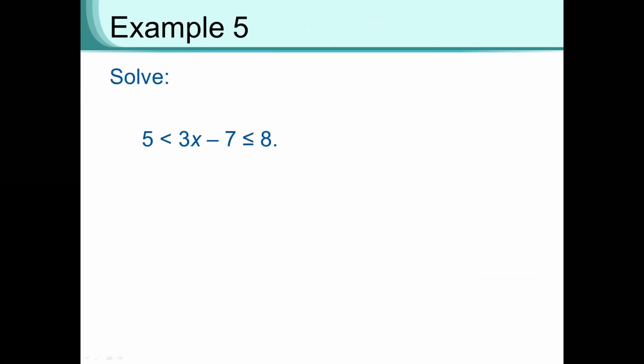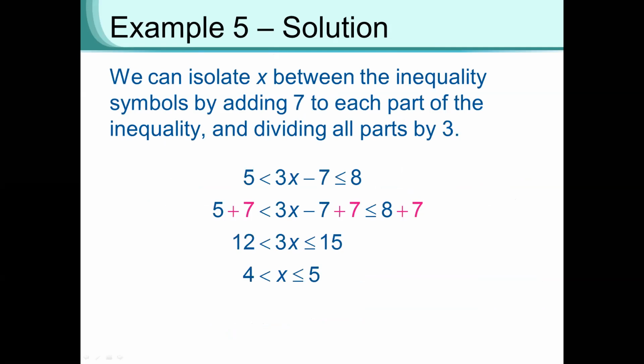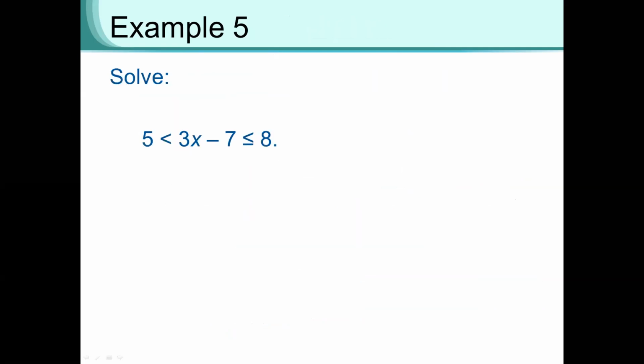Now, we're going to solve compound inequalities. So what's a compound inequality? It means that whatever you have is bounded on both sides. You have conditions on both sides. This one says 3x minus 7 is at the same time greater than 5 and less than or equal to 8.